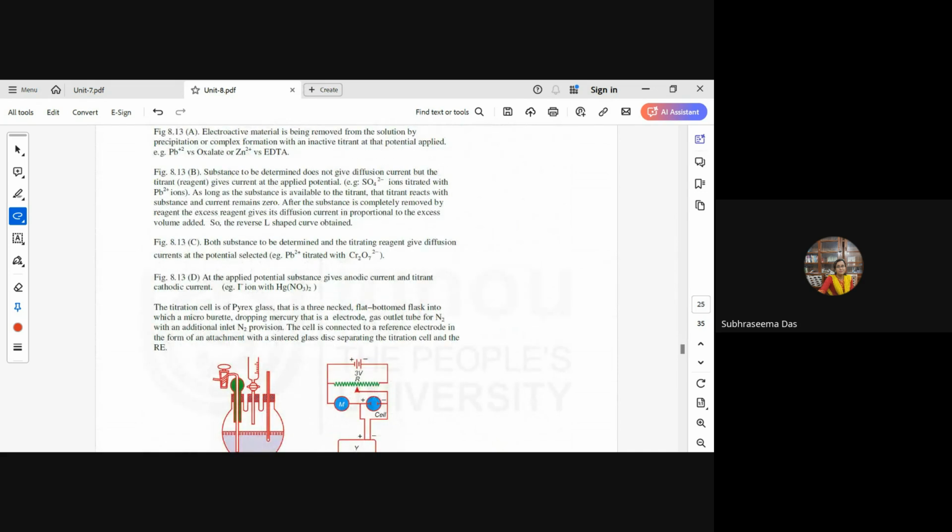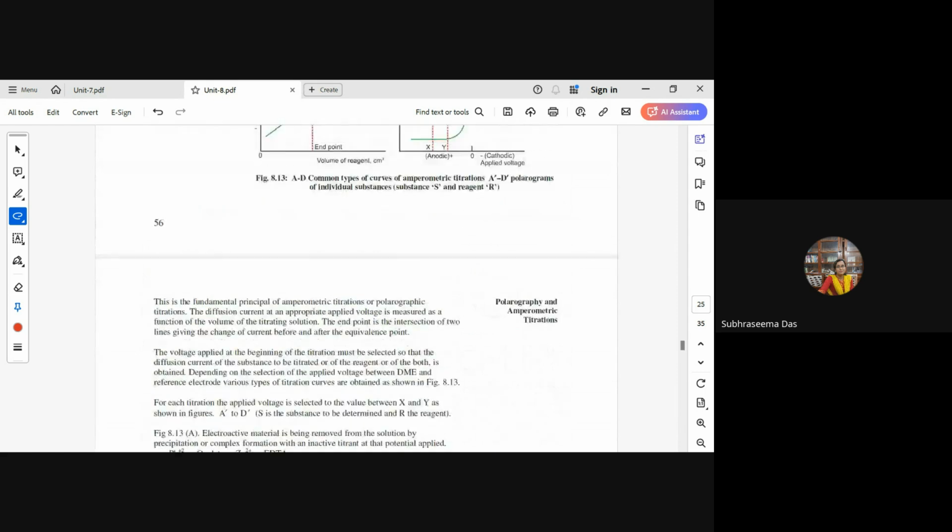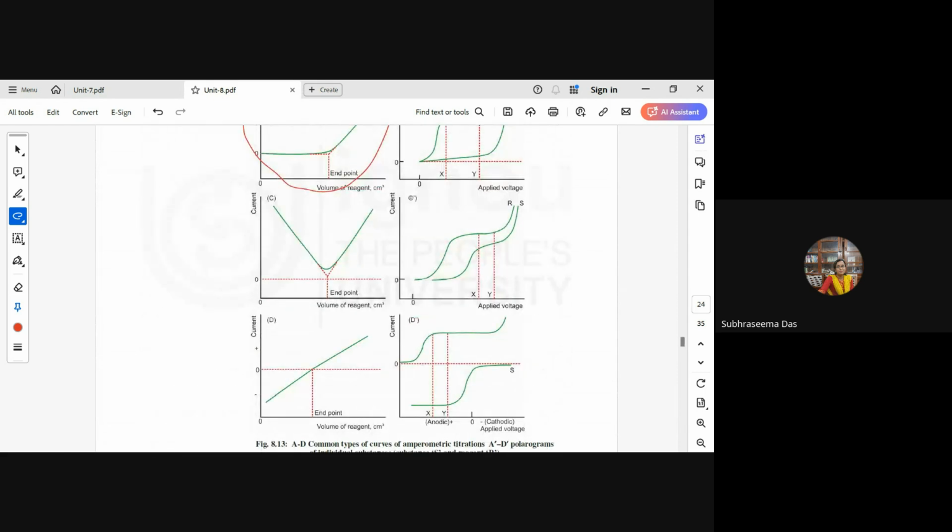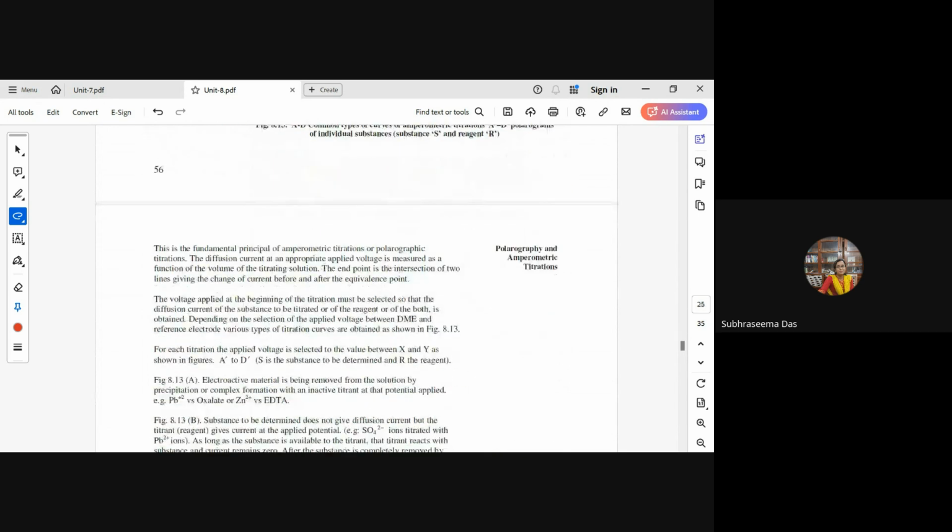In figure 8.13c, we see that both the substance to be determined and the titrant give diffusion currents at the particular potential selected. That is, if we talk about the titration of Pb2+ with Cr2O7 2-, this is the titration curve, and figure C' represents the respective polarogram plot.